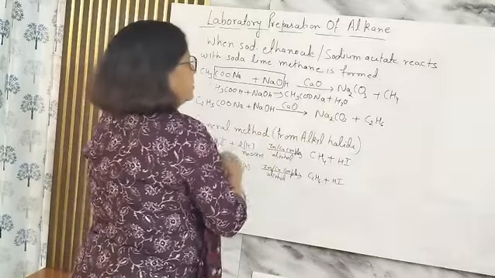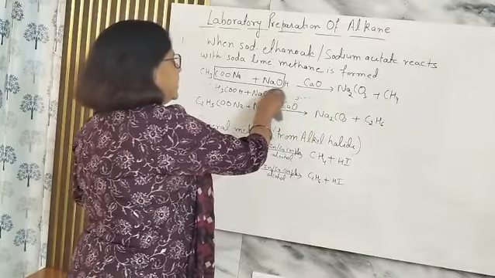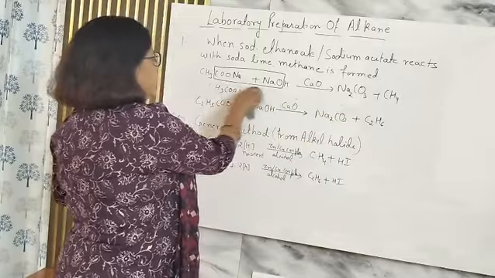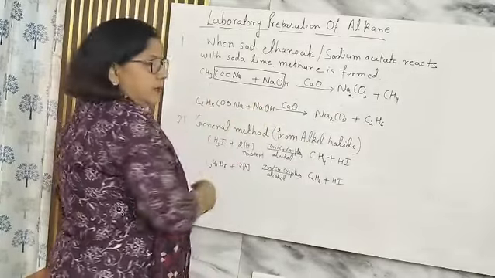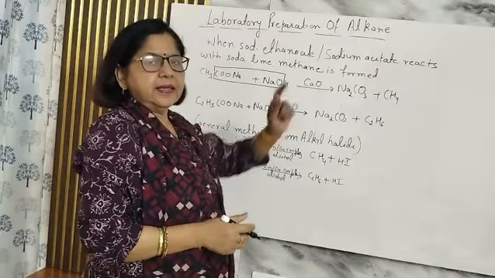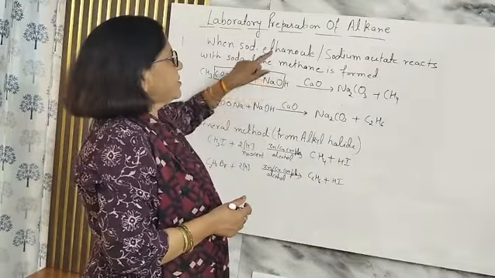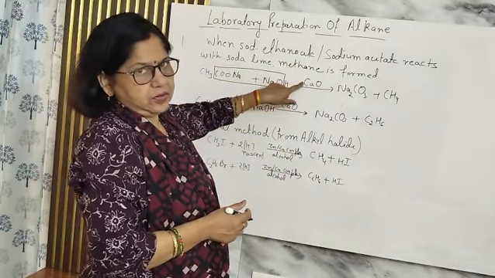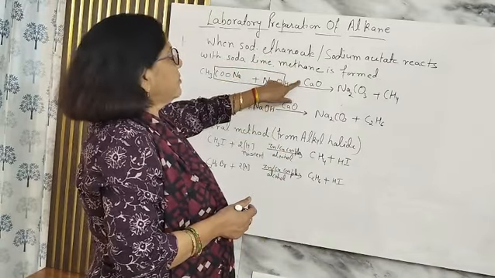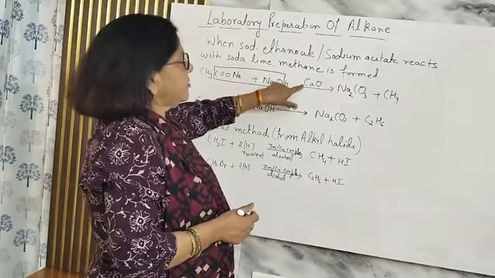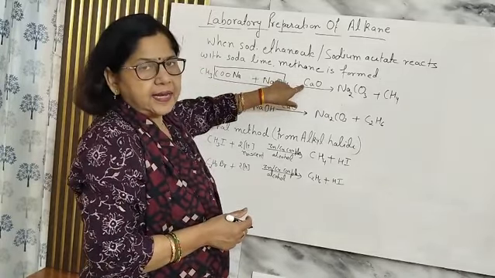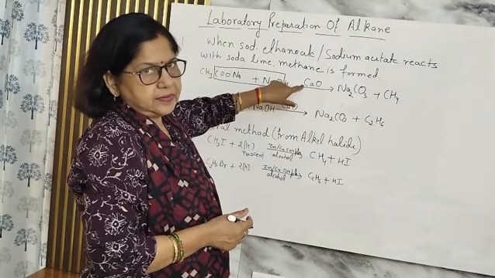So when sodium acetate or sodium ethanoate reacts with soda lime. Now the next question is, what is soda lime? Soda lime is basically the mixture of NaOH and CaO, calcium oxide, out of which NaOH participates in the reaction and calcium oxide works as a dehydrating or drying agent, right?